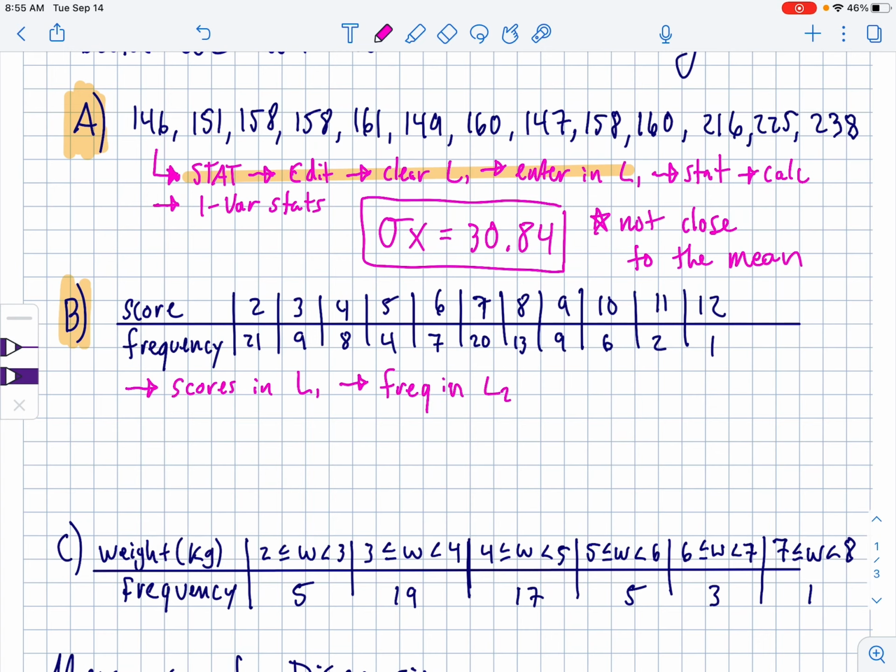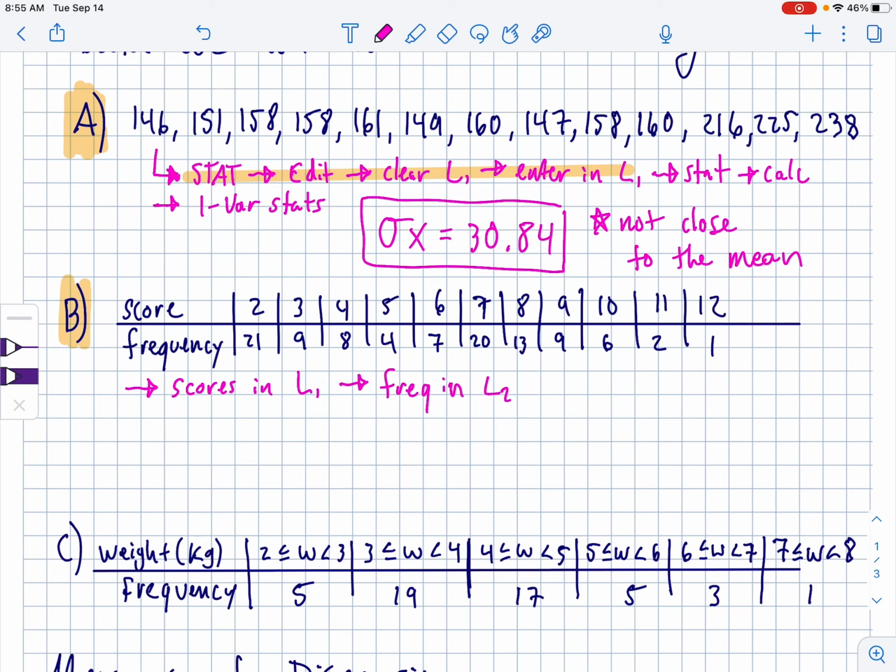I'm going to hit stat, edit, and clear my L1 so I get the other data out of there. Then I put 2, 3, 4, 5, 6, 7, 8, 9, 10, 11, 12 in that list. And in L2, I'll put the frequencies: 21, 9, 8, 4, 7. I apologize that you can't see this. I'm not fancy enough to get a dual camera rig here.